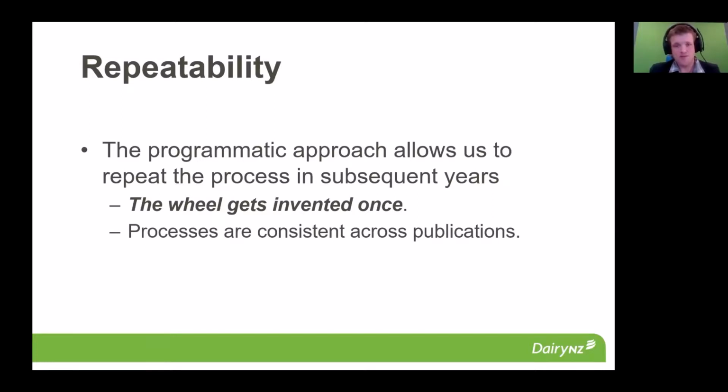There is no ambiguousness. And I think just as important, and that's why I put it in bold on the slide, is that the wheel gets invented once. That's important because if you're having to rebuild your document every year, you're not spending a lot of time improving the document. You're spending your whole time trying to recreate the document back to what it was the previous year.